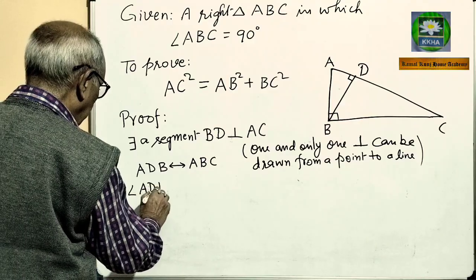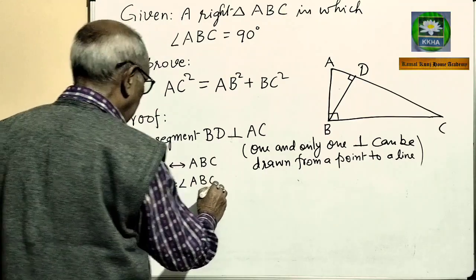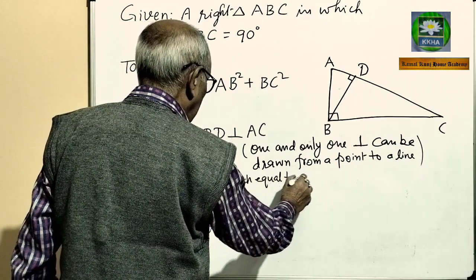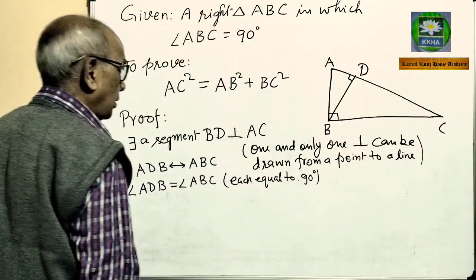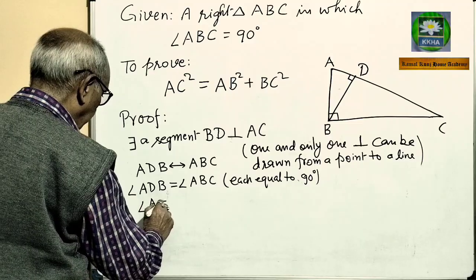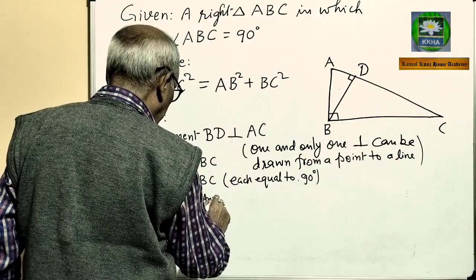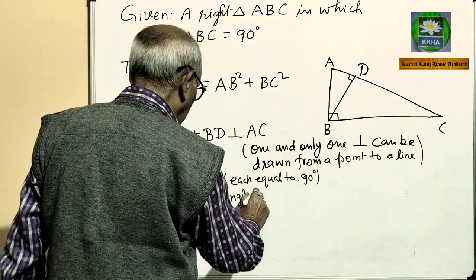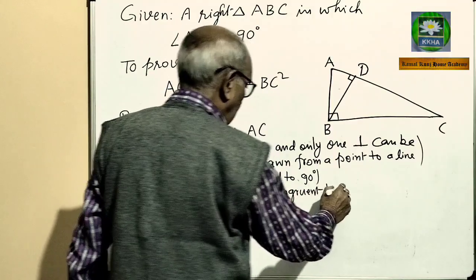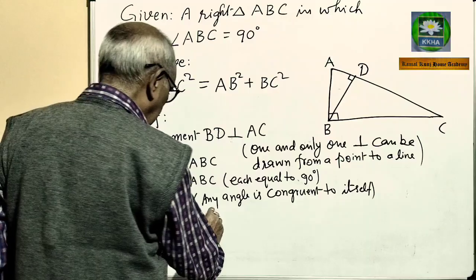Angle ADB is equal to angle ABC, each equal to 90 degrees, and angle A is equal to angle A. Any angle is congruent to itself. It is common to both.